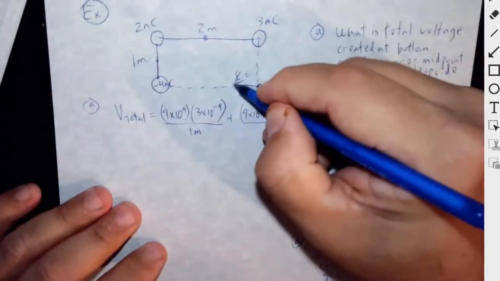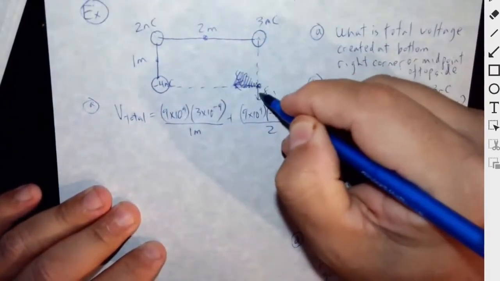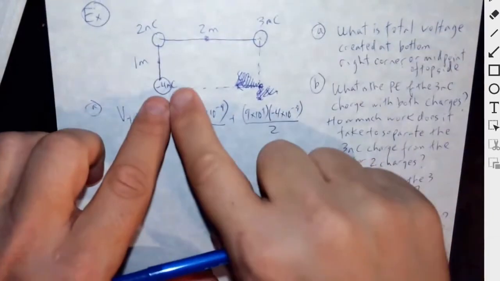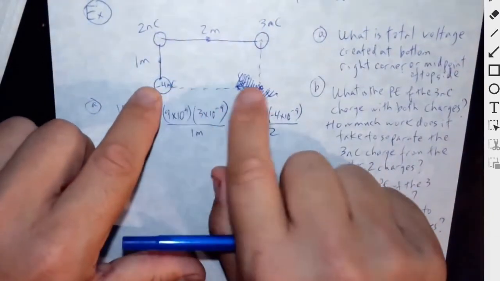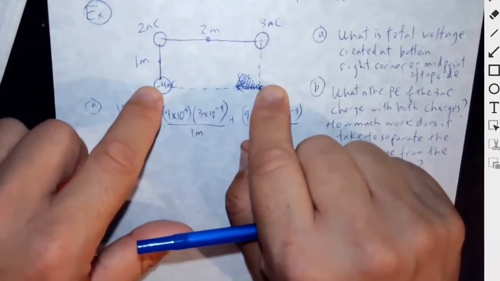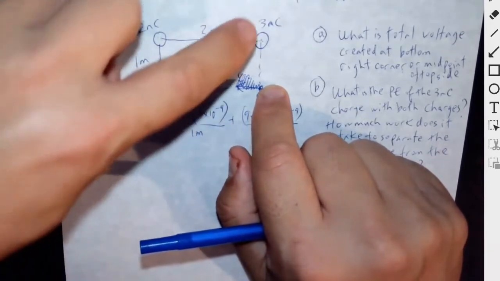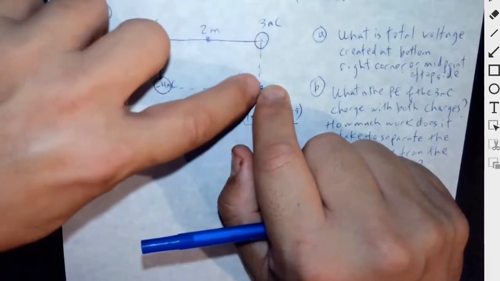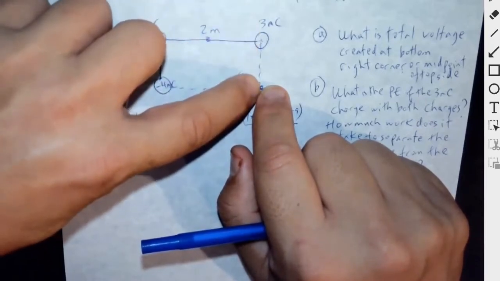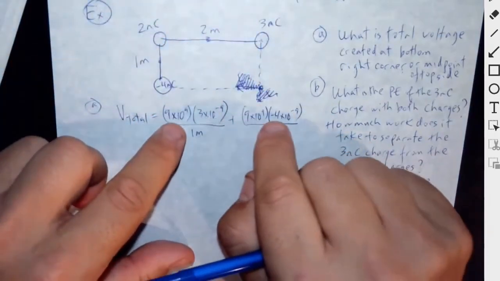But for voltage, voltage is just a number. This guy creates a number there known as electrical voltage, you see. And so this guy also creates a number there. So then you have to add them.